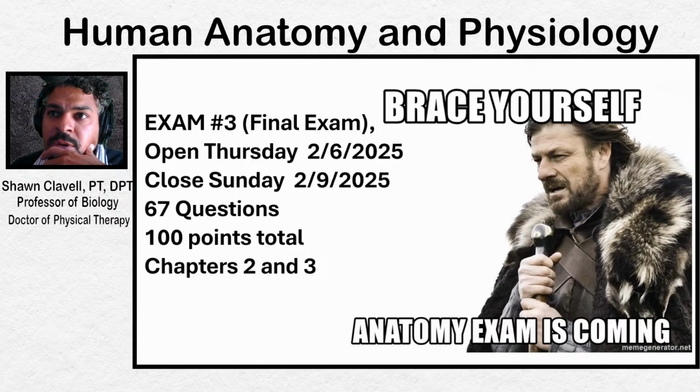So, 67 questions, 1.5 points per question. This will be split evenly, 33 to 34 questions for each chapter, Chapter 2 and Chapter 3. And then ultimately, let's take a look at what we're looking at.